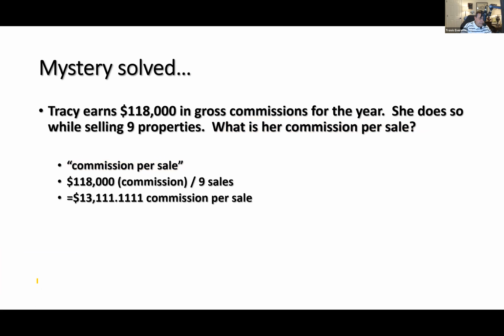Commission, there's the commission, bring it down, substitute it. Per sale, well, there's the sales. How many? Oh, we sold 9, so I'm going to bring that down and substitute it. 9 sales. And the word between them is per. So that means divide. 118,000 divided by 9 sales is $11,111 commission per sale.